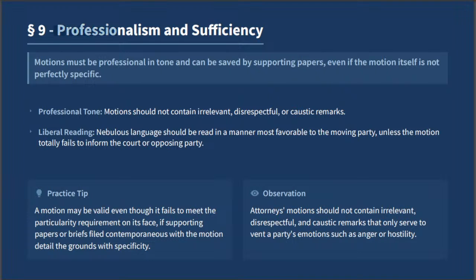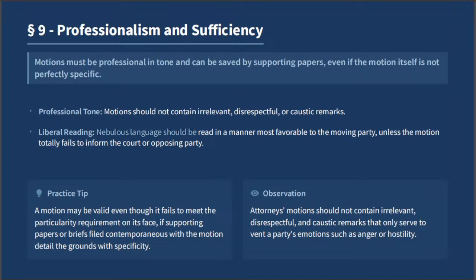So now we're on to professionalism and sufficiency. Very important one here. Motions must be professional in tone and can be saved by supporting papers, even if the motion itself is not perfectly specific. So, first of all, the professional tone. Motions should not contain irrelevant, disrespectful, or caustic remarks. A liberal reading.